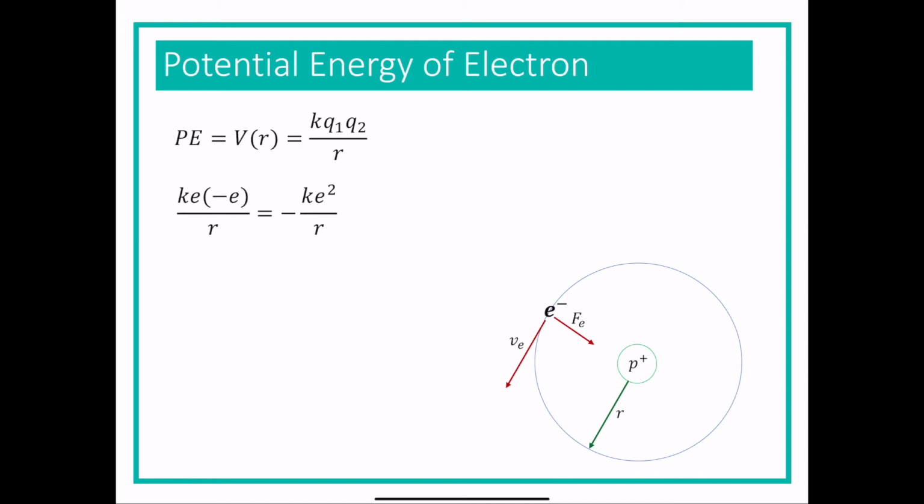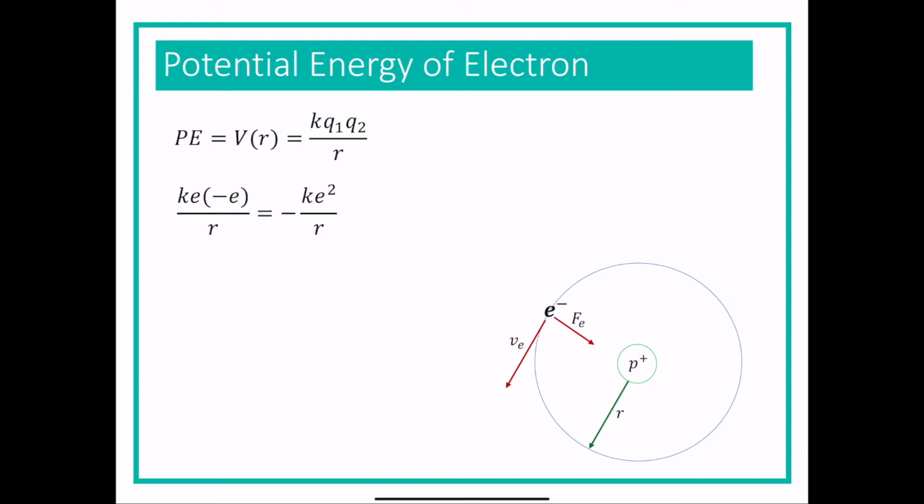squared over r. And k also has a way of being calculated, by using 1 over 4 pi times the permittivity of free space.